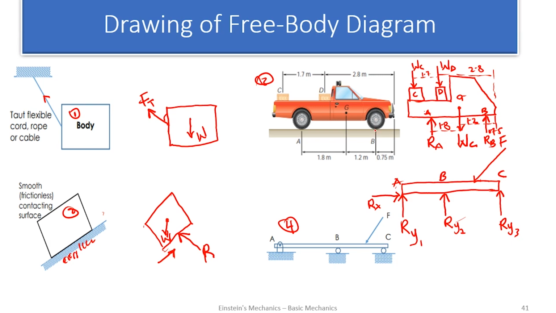Remember, we don't know the reaction at B, we don't know the reaction at A, and we don't know the weight of the car. Assuming we know the weight of the boxes, we'll get 3 unknowns here. So forces upwards, forces downwards, and we also consider moment as a third equation to help us get our relevant forces. With this, I know you've understood how reactions are taken, and how we also draw free body diagrams.